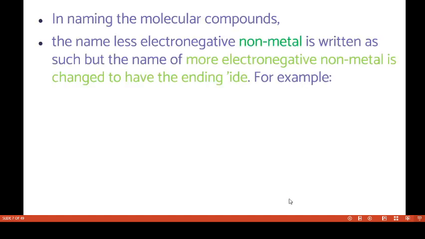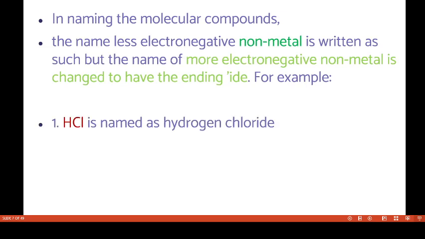Okay, and then in naming the molecular compounds, the name of the less electronegative non-metal is written as such, but the name of the more electronegative non-metal is changed to have the ending IDE, like chlorine, bromine, iodine, fluorine.